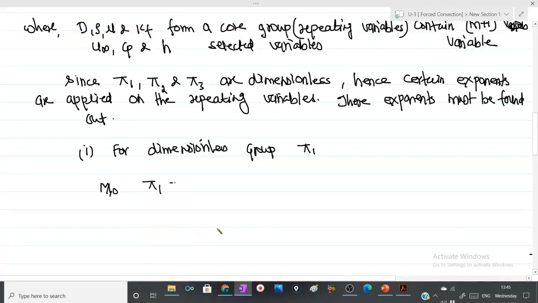Let me write down the group of pi 1 as d to power a, rho to power b, mu to power c, kf to power d, and u infinity.